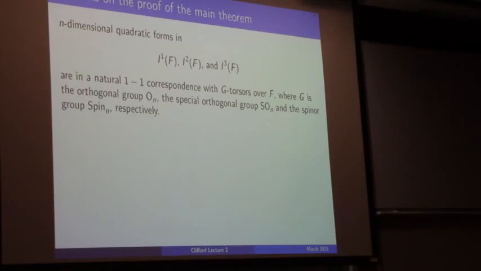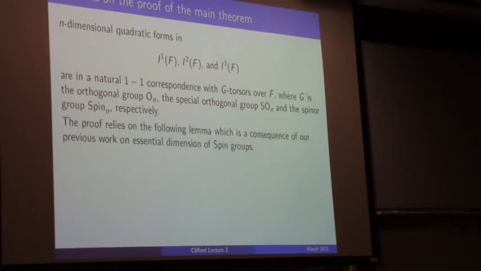And just for the experts, I'm going to fudge the difference between Spin and GSpin. But for my exponential bounds, it's not going to make a difference. The most it's going to make is a difference of 1. So the proof relies on the following lemma, which is a consequence of our earlier work on the essential dimension of spin groups.